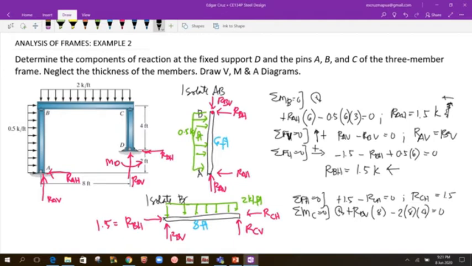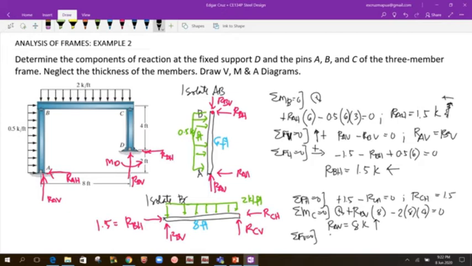Okay, so everything is equal to 0. So from here, I could solve for RBV: 2 times 8 times 4 divided by 8. So that would be equal to 8. So positive yung 8, so that means RBV is upward.